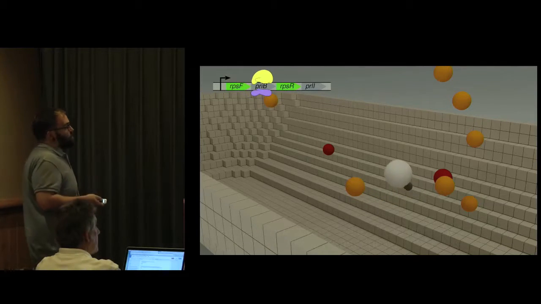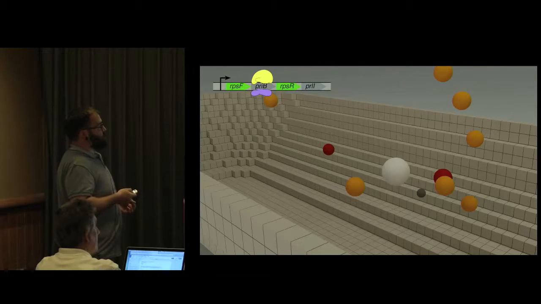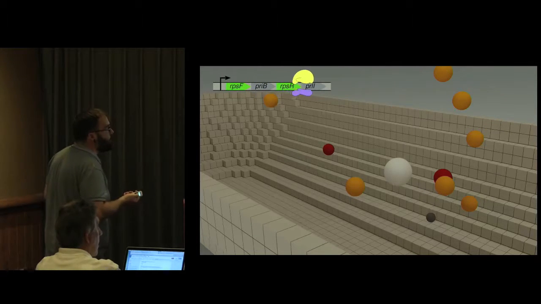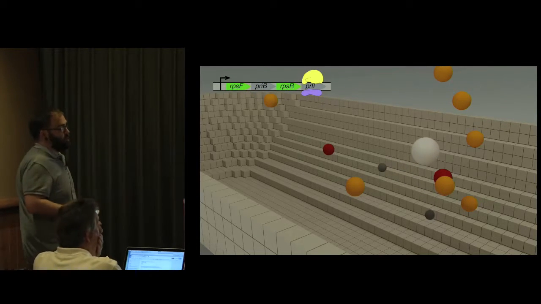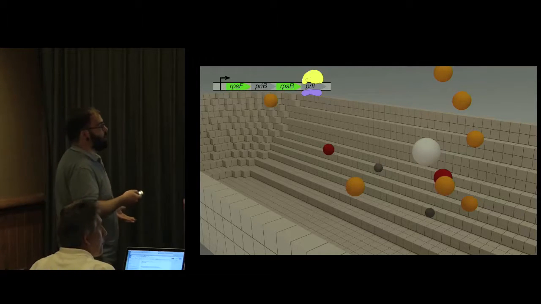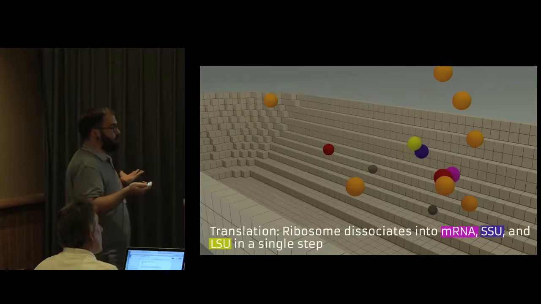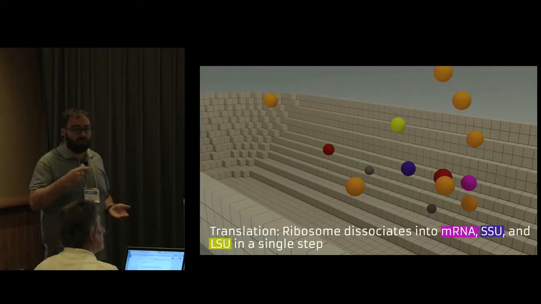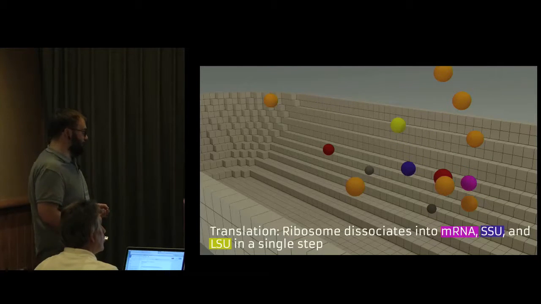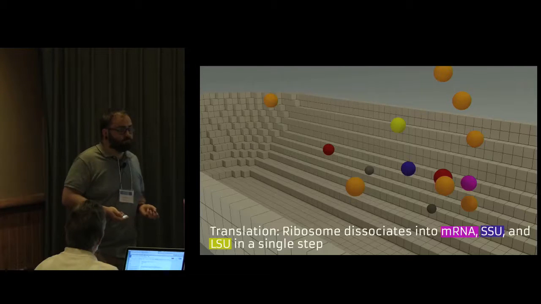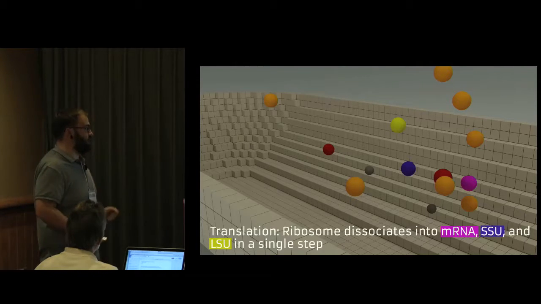The next protein is produced by considering the position of the ribosome currently and the end of the next gene to produce. And finally, to degrade the ribosome, it translates to the end and then falls apart into its three constituents, which can then also participate in translation again.